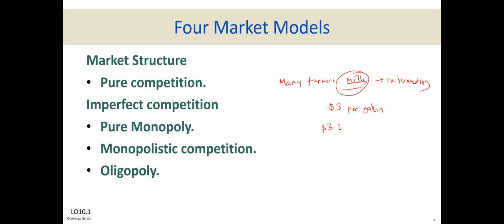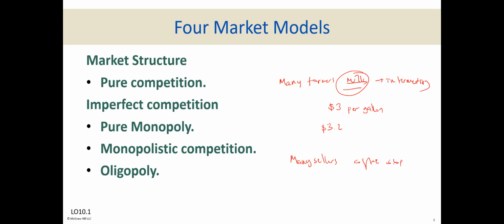And the next one is monopolistic competition. Monopolistic competition, oligopoly and pure monopoly are under imperfect competition. Pure monopoly doesn't have even any competition. In monopolistic competition, we have many sellers but differentiated products and some control over prices. So again, we have many sellers, but in this case, think about coffee shops in the market.